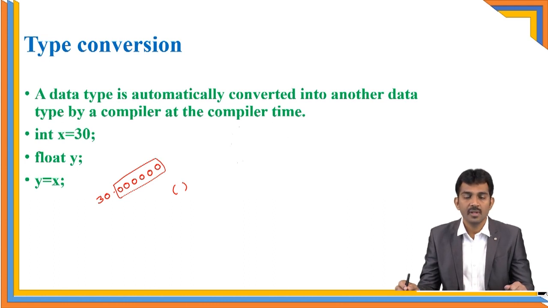Is this clear? So by using these format specifiers, you are going to handle the data. As well as we have seen what typecasting is and what type conversion is. If you do it manually, it is called typecasting. If the compiler converts the data type by default, it is called type conversion. Is this clear?